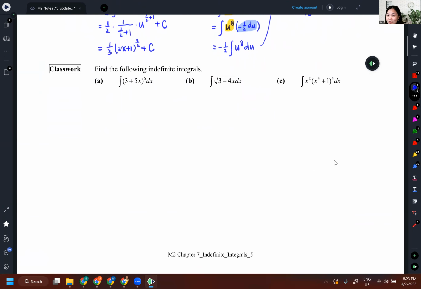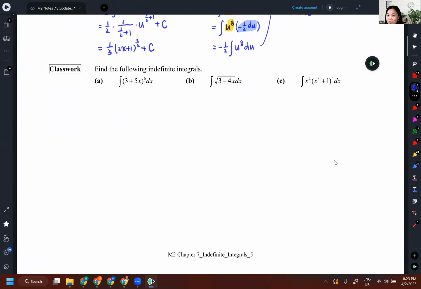I need a substitution, which is u equal 3 plus 5x, and therefore du dx equal 5, du equal 5 dx, dx equal 1 over 5 du.